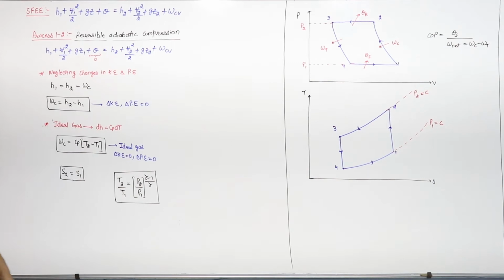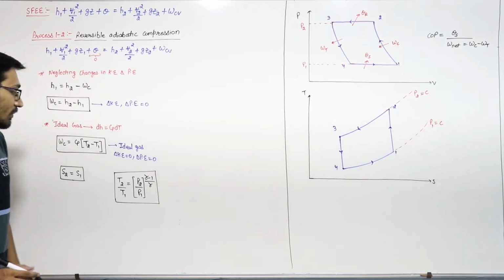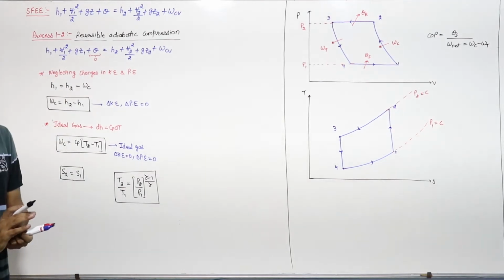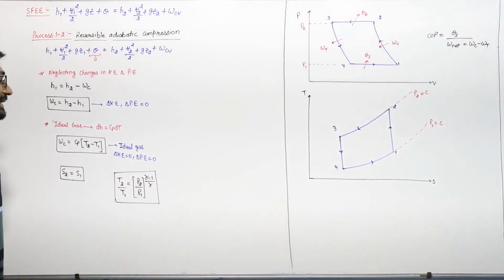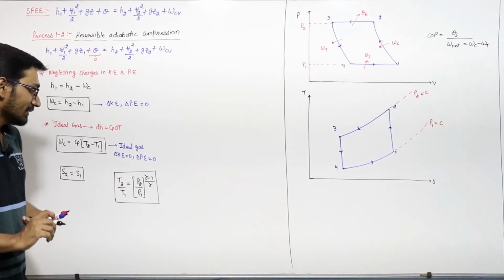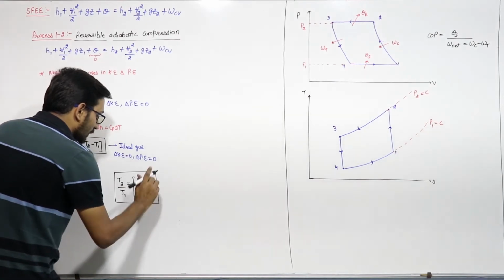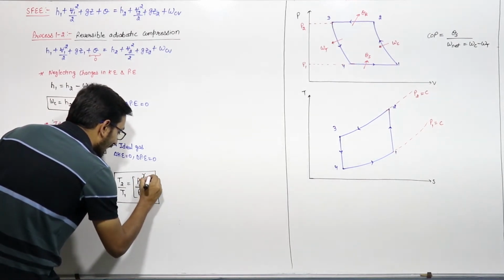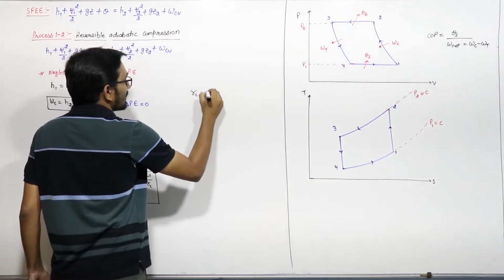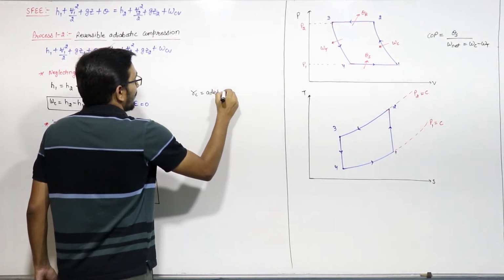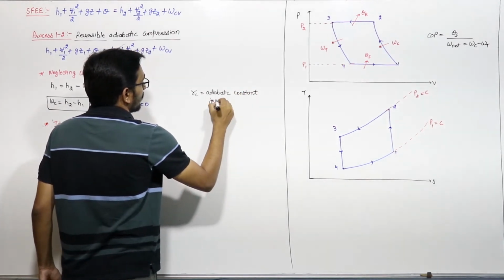And now, to give it one more clear picture, if I write this for compression, you can write it better as gamma C minus 1 upon gamma C, where gamma C is the adiabatic constant for compression.